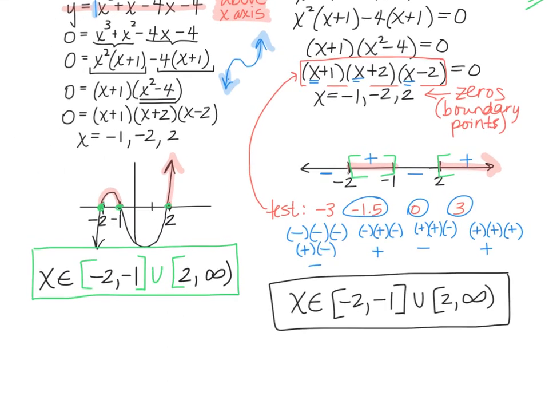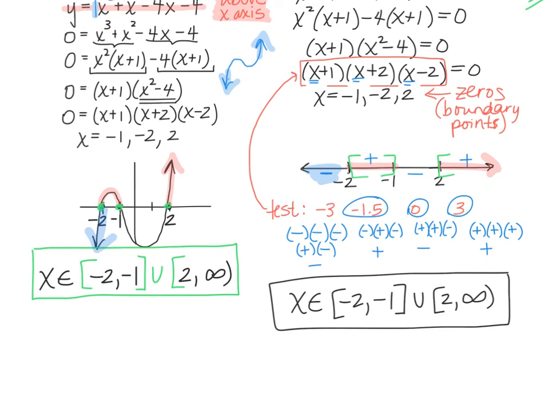And side by side, let me just show you one more time the comparison so you can really see clearly how these are related. Hopefully you can see, looking at the graph and our sign analysis, when we had this minus sign, that negative meant that we had negative outputs, and that really corresponded to the portion of the graph here that was below the x-axis.